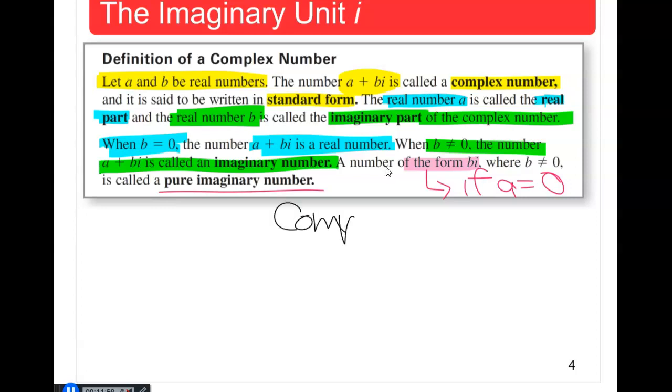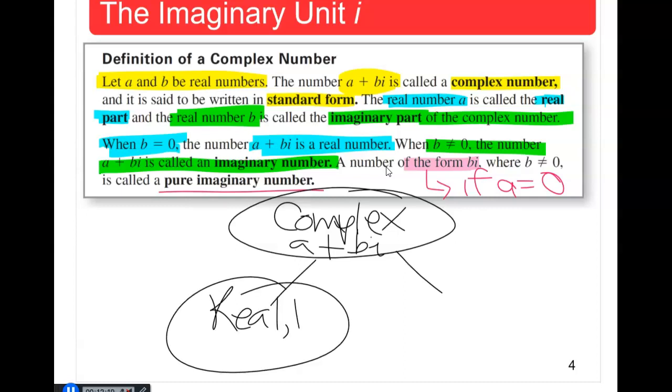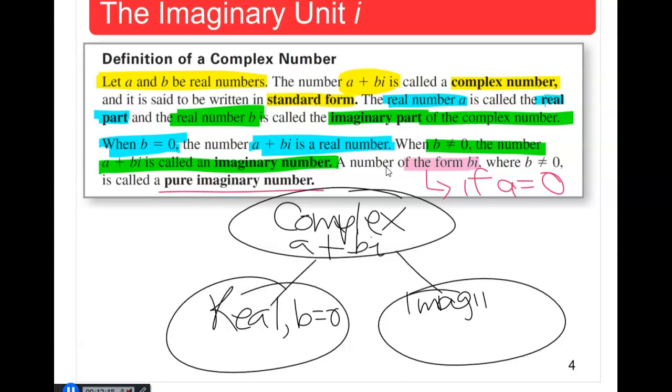So remember, a plus bi, standard form. We have real numbers, and this is when b is equal to 0. And here we have the imaginary numbers, and this is when b does not equal 0. And then a subset of those will be when, not b, but a equals 0.